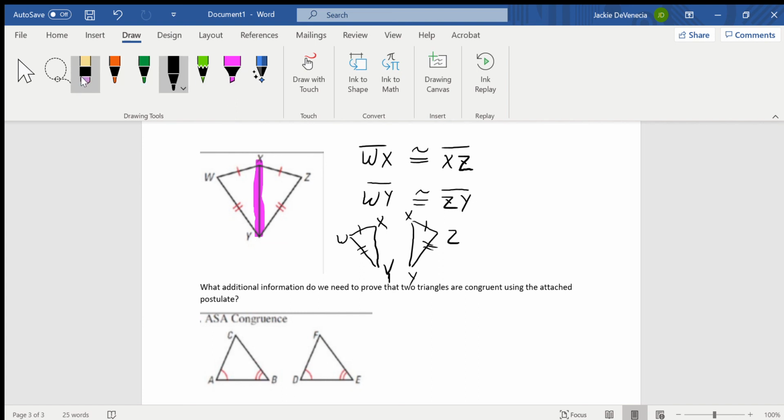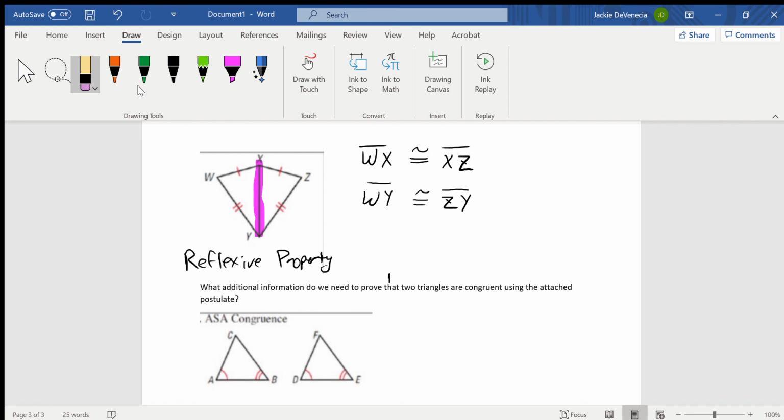So this is what we call our reflexive property, right? Reflexive property. So we can say that XY is congruent with XY. They have the same letters, are named the same, so they will be congruent.